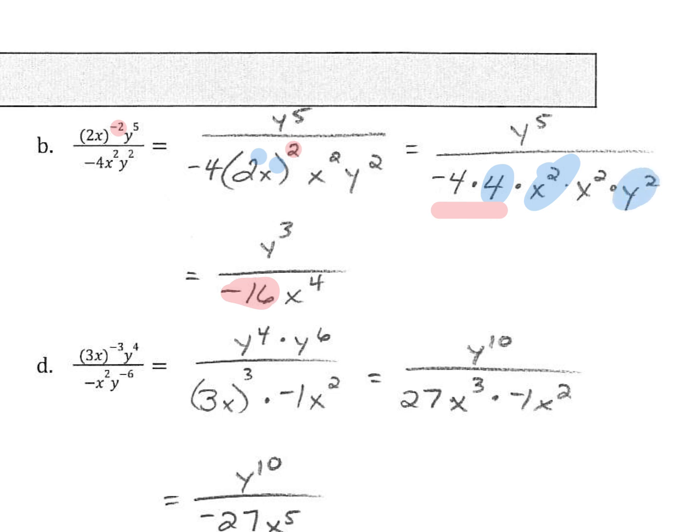These y's, y squared and y to the fifth. When we have y to the fifth over y squared, we can subtract the exponents and get a 3. And we can deal with x squared times x squared by adding the exponents to get a 4.